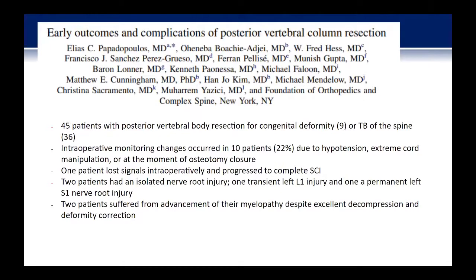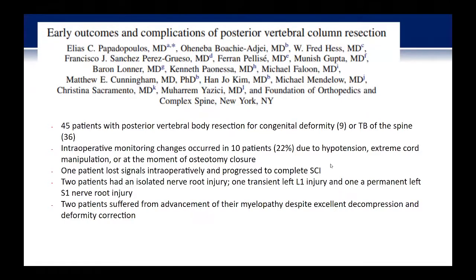Another paper is out of the focus group, with patients in particular that were operated on in Ghana. They had 45 patients with posterior vertebral column resection. Some of them had congenital deformities, but most of them were severe scoliosis or kyphoscoliosis related to TB. Intraoperative neuromonitoring changes occurred in 10 patients, that was 22%.